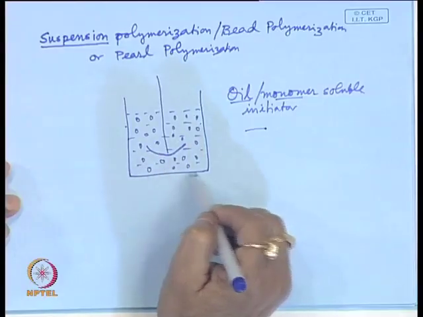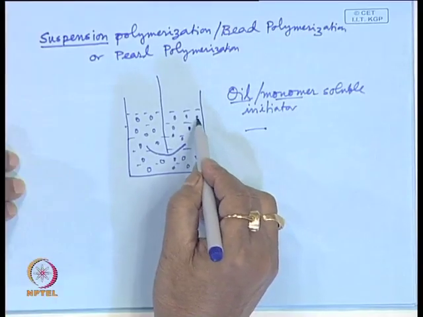Same benzoyl peroxide as initiator, if you take here, you take water, add monomer, it will form a different layer, then you start agitation. So, that layer will be broken to form droplets. So, some suspension of monomer droplets will be there in the aqueous medium.